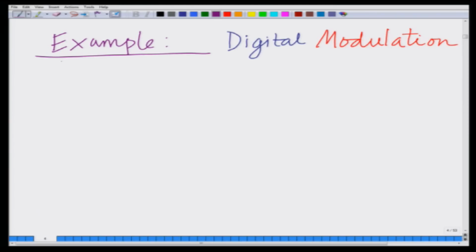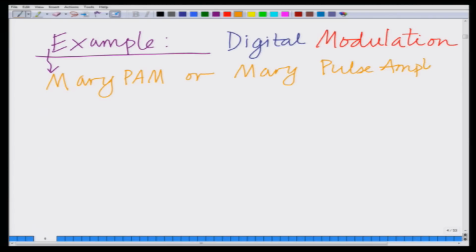More specifically, we are going to consider what is known as M-ary PAM, or M-ary pulse amplitude modulation.